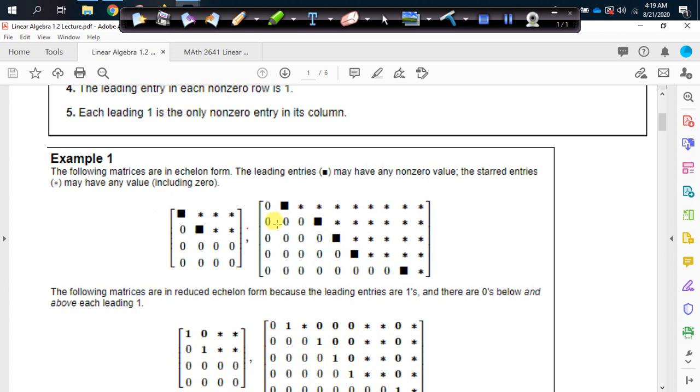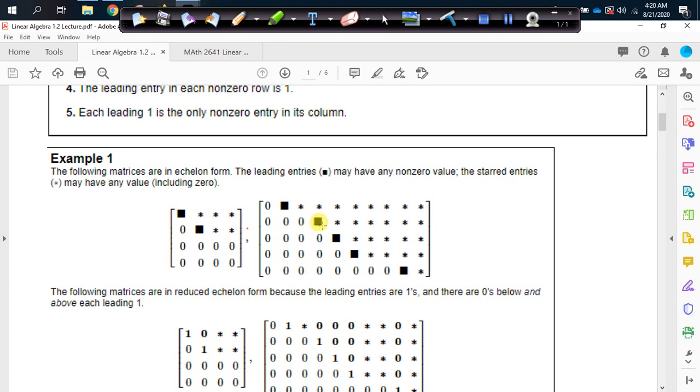Here's another example, and so here this row has all zeros. That's okay, but the first column with a non-zero entry is at the top, and below that position, which would not be 0, there are all zeros. Now this column actually doesn't have what we call a pivot position, but this one does.